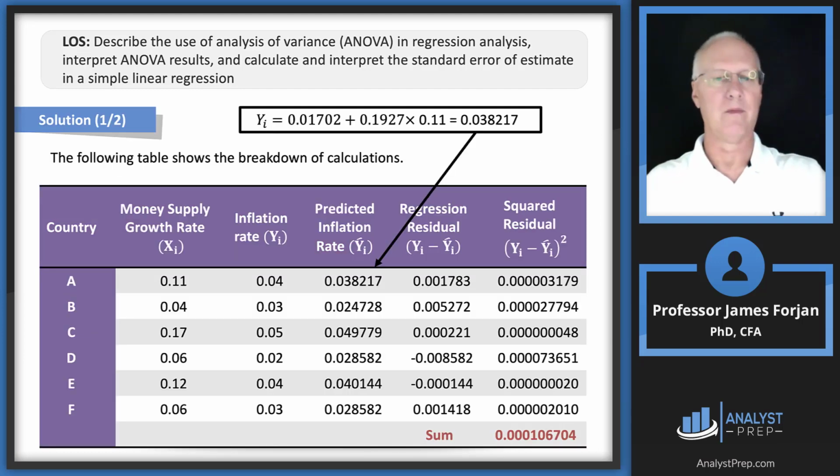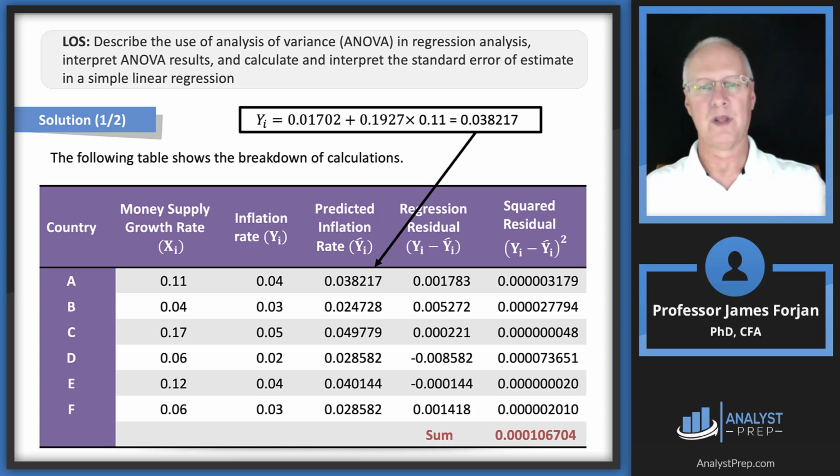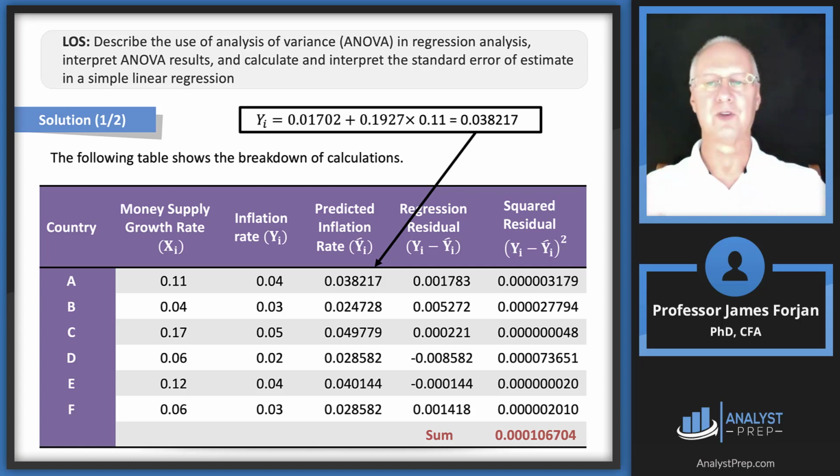All right, so here we go. Ready? So here are the countries down the left-hand column. There's the X and Y variables. And then what we're going to do is we're going to form the predicted inflation rate. So let's go back up to the box there. I'll show you how we calculate that 0.38217.